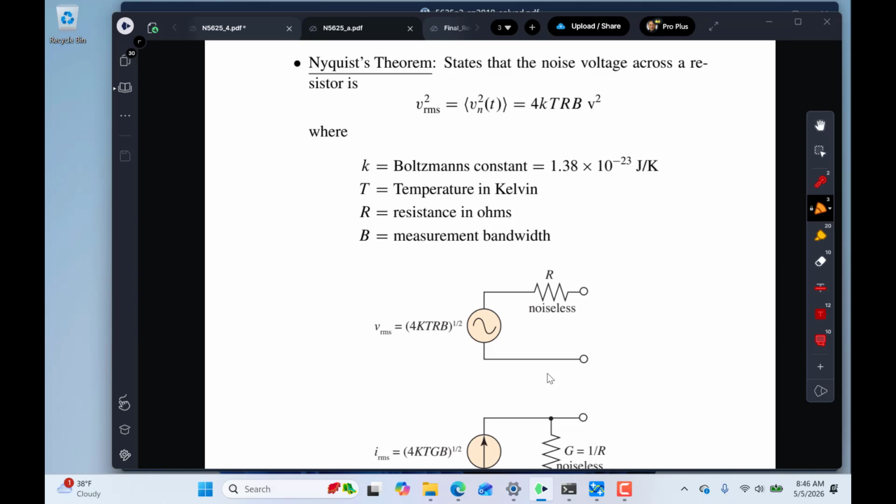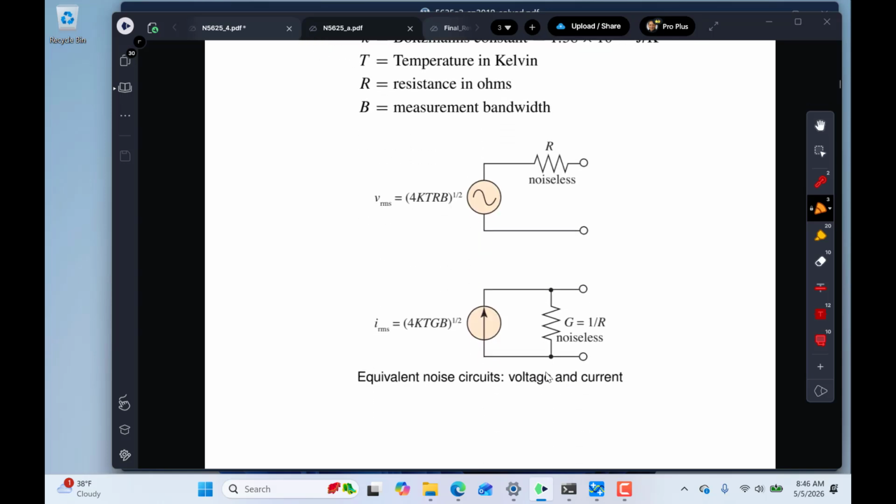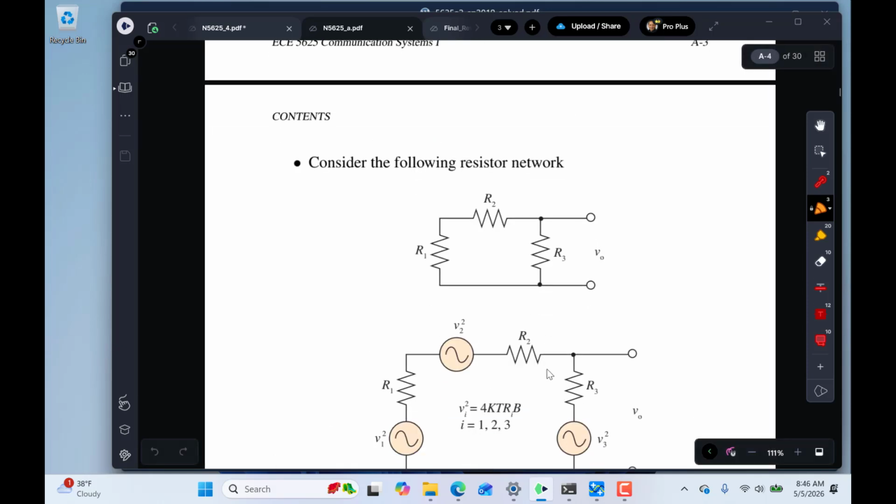But the basic system level model that comm systems engineers take is they say if we have a resistor in the circuit, it's going to have either a noise voltage source associated with it in an ideal noiseless resistor, or it's going to have a current source shunted against some conductance G. So these are the fundamental models.